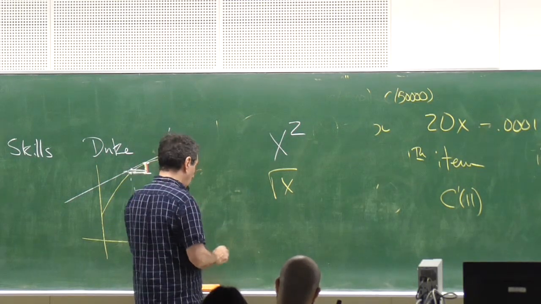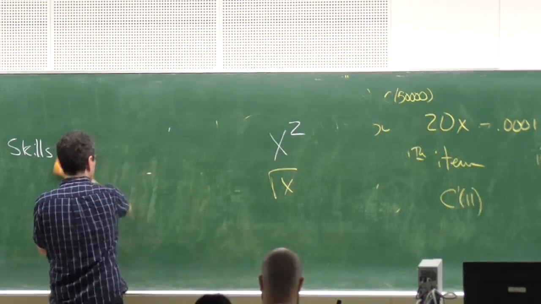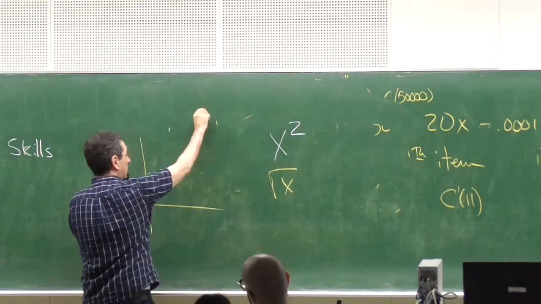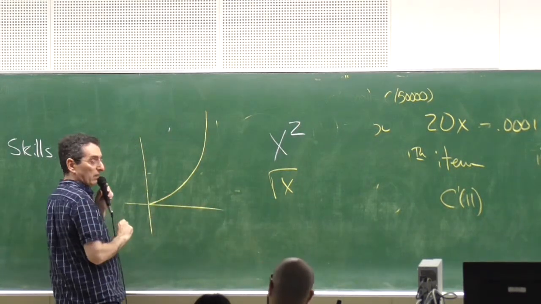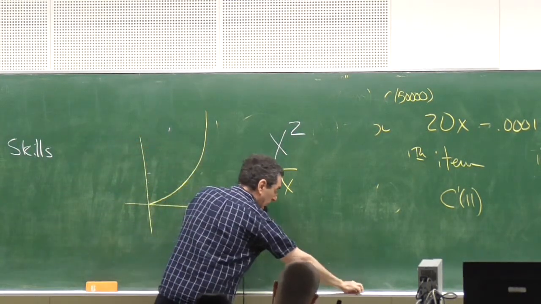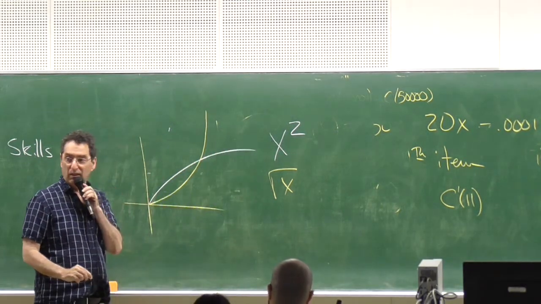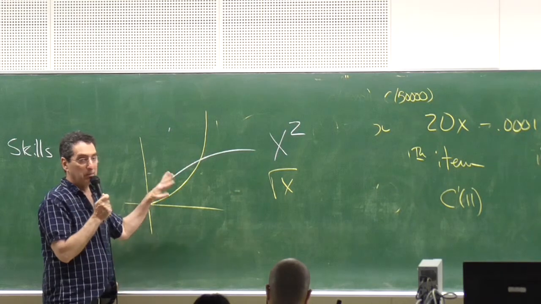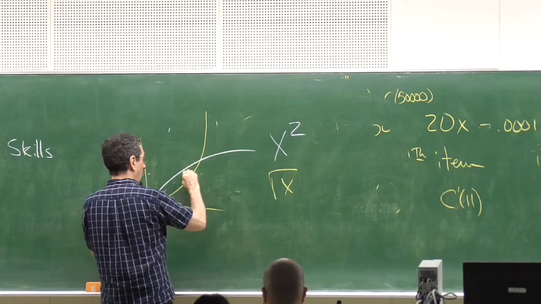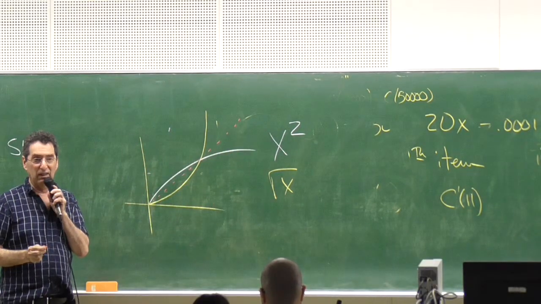And these are also related visually, because x squared looks like that, right? And the square root of x looks like that, right? And in terms of their pictures, they are mirror images through this line, right? We talked about this, right?